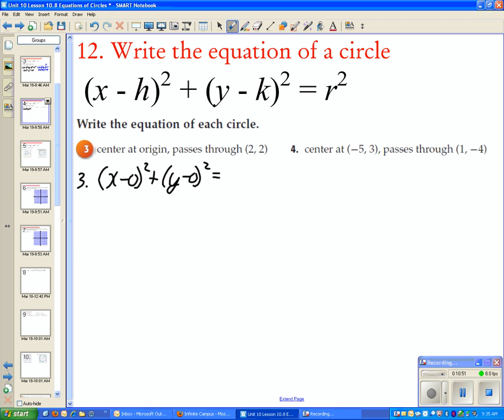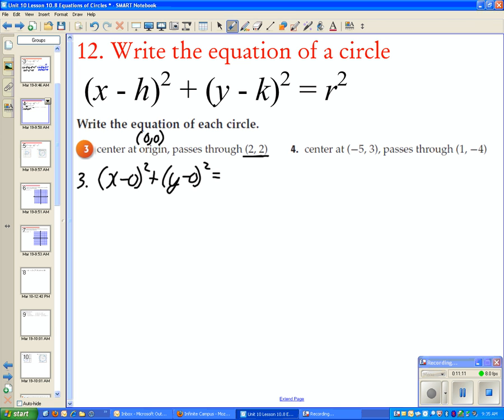So they didn't tell me the radius. That's okay. Because if I've got 0, 0 for the center, and the circle passes through the point 2, 2, that means the point 2, 2 is on the circle.